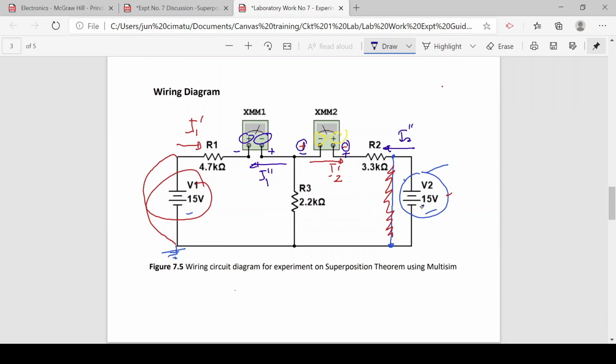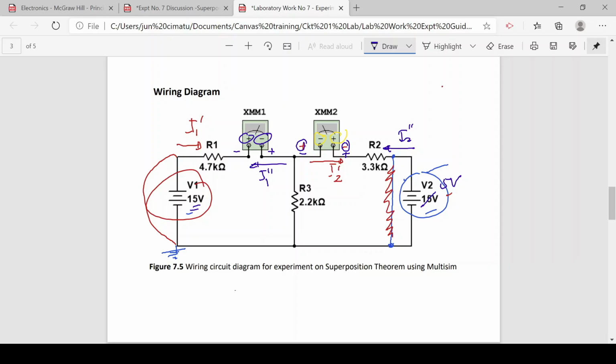So these 15 volts would become 5 volts, and maintain the 15 volts for E1. You would do the same procedure as done in obtaining the readings of the ammeters when the 15 and 5 volts are present, and then deactivate the 5 volts and allow the 15.